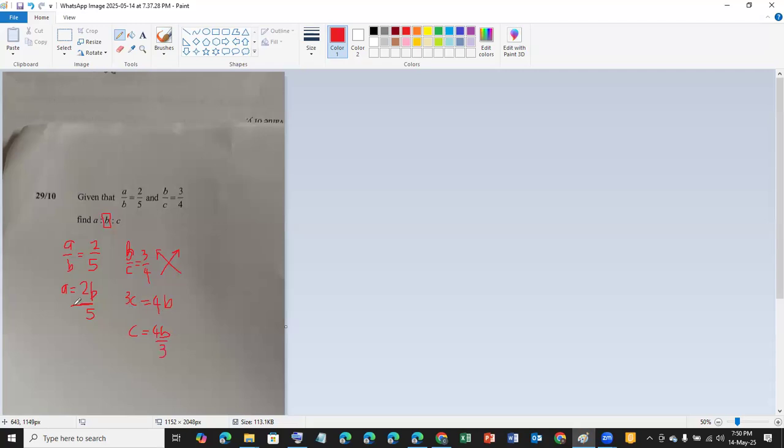Now that I have this, see what I'm going to do. I'm going to take this and replace A wherever I have it. It says, what's the ratio of A is to B is to C?